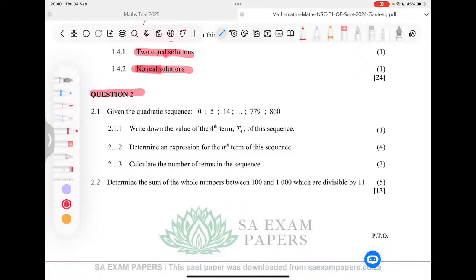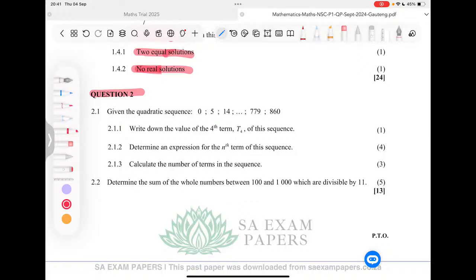Now, when we look at question 2, they say we are given the quadratic sequence defined by 0, 5, 14, and it goes on to 779 and also 816.